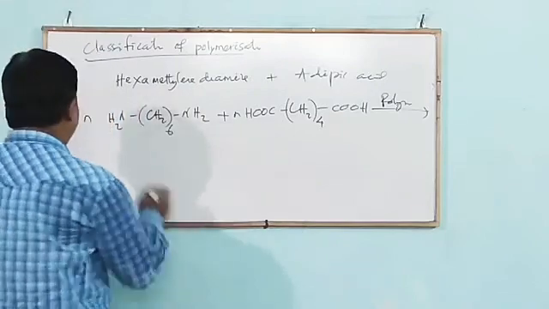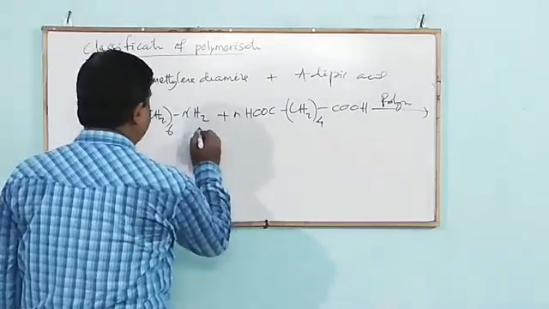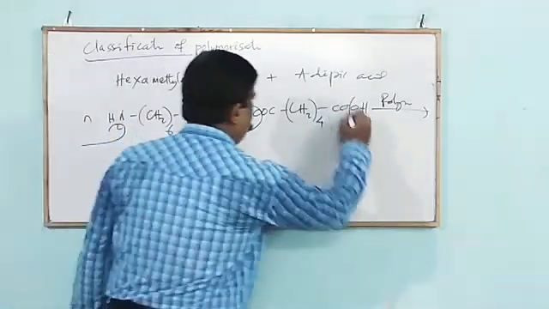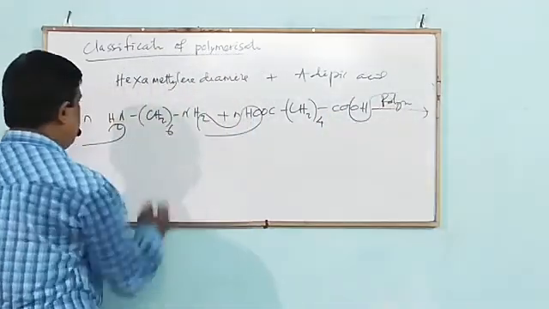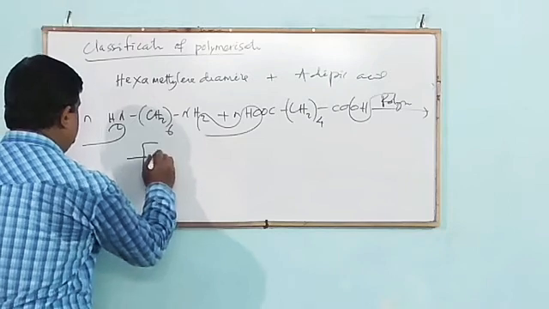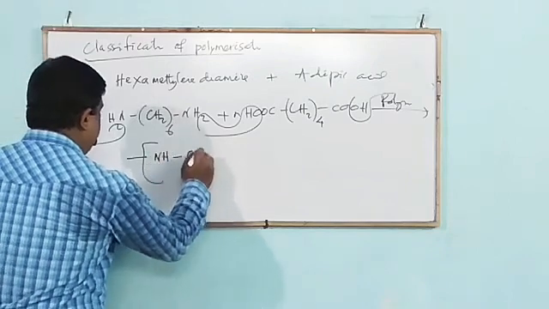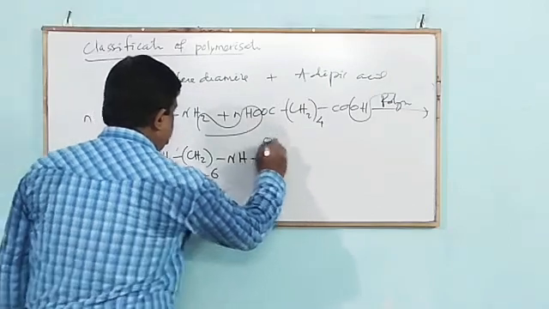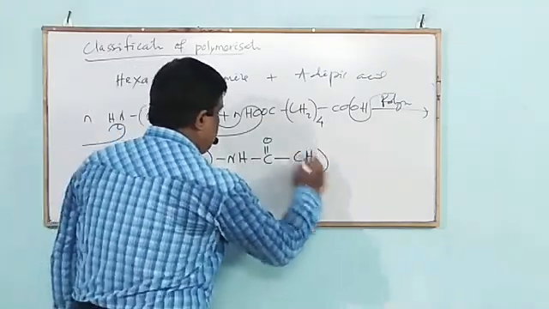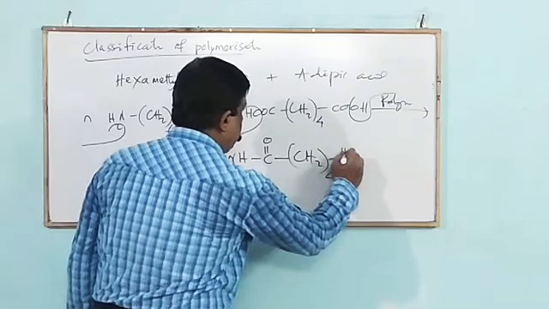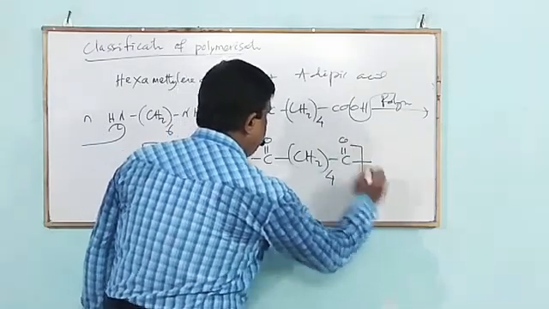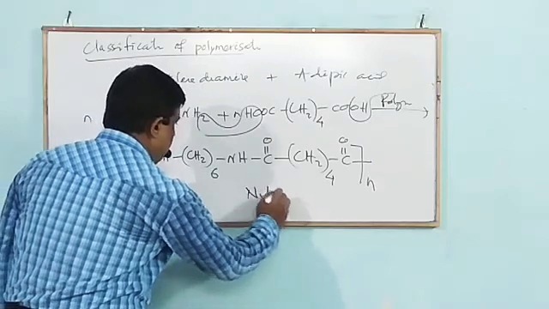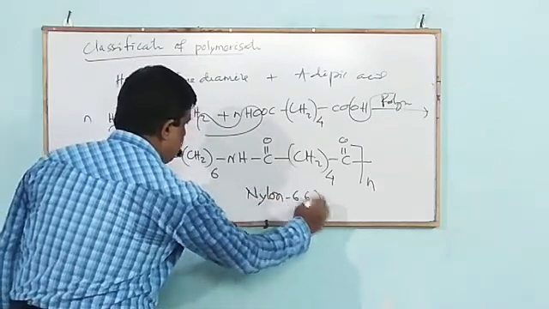Mark that. What happened here? H and OH are removed, resulting in the formation of NH, CH2 whole 6, NH, CO, CH2 whole 4, CO, n. Mark that. It is known as nylon 6,6.